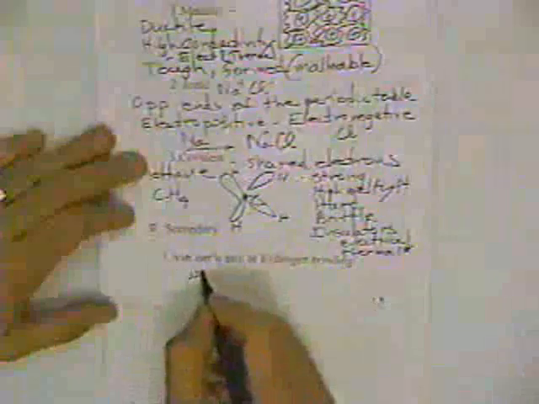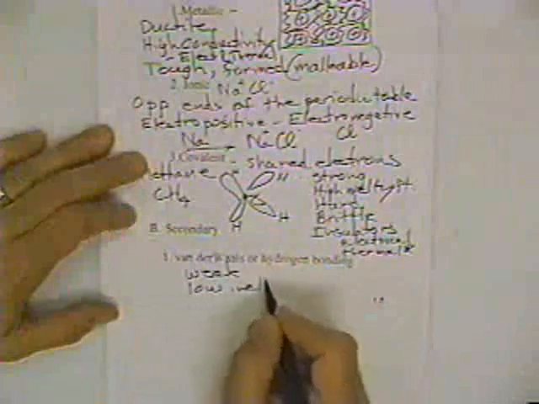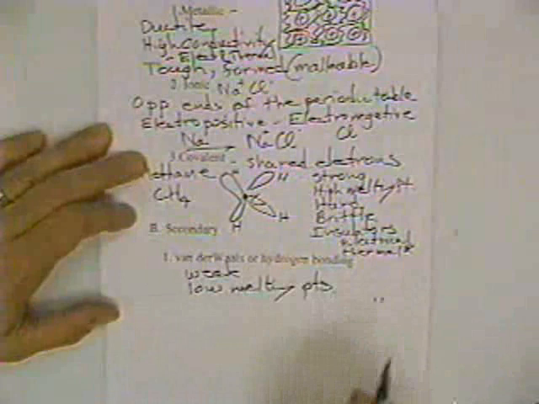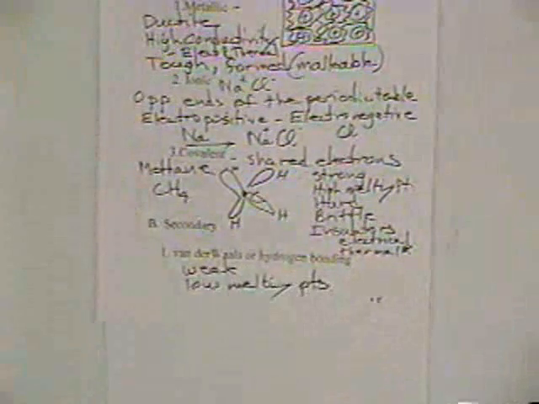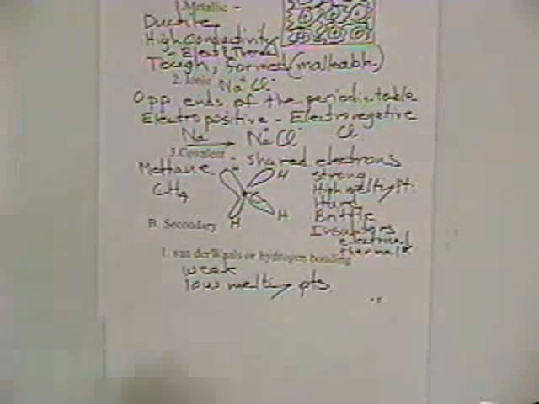The final type of bonding would be secondary bonding. The van der Waals, this is weak, with low melting points. In fact, the rare gases, argon, neon, which become liquids at very low temperatures, are held together with van der Waals forces.